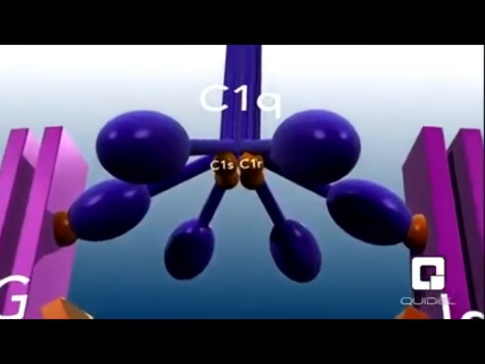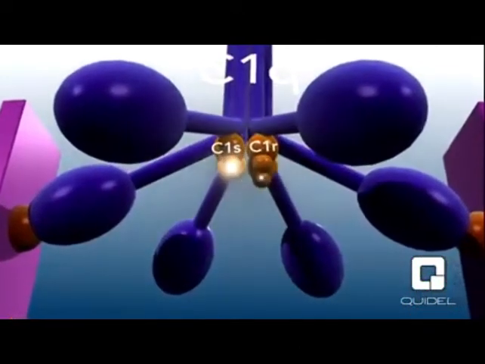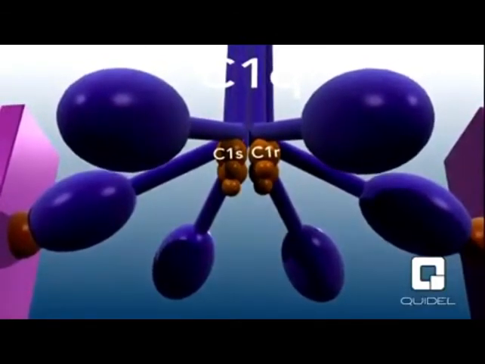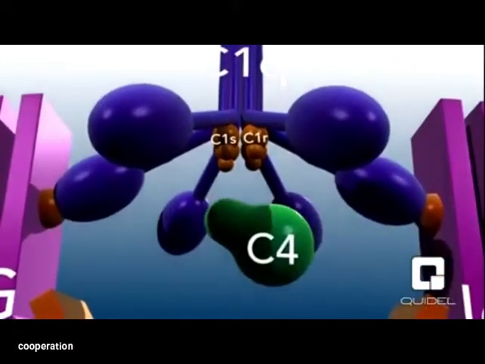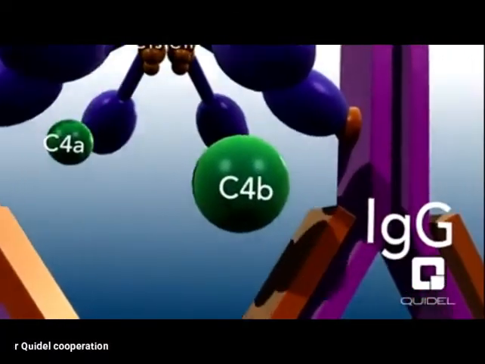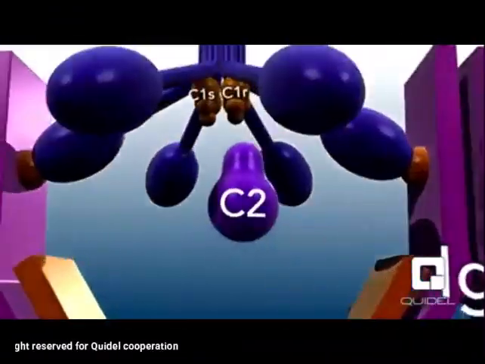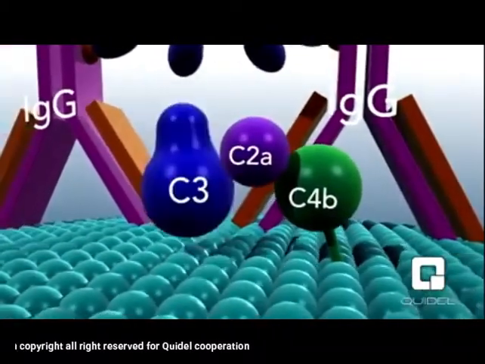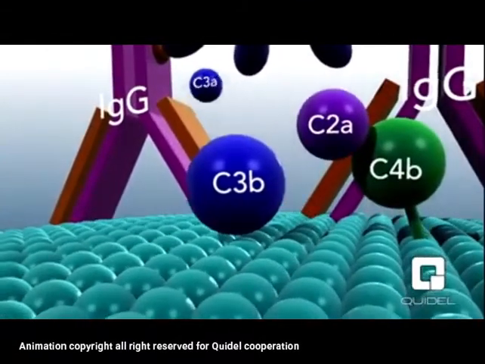When antibody binds to antigen, this will activate the complement, the C1q, C1r, C1s complex. This complex will split C4 and C2 proteins into two parts. The C4b and C2a fragments join to form C3 convertase. The C3 convertase splits the C3 into C3a and C3b.